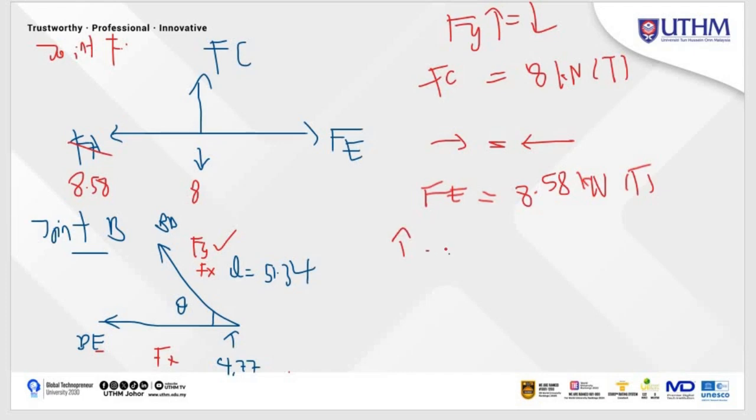So Fy upwards equals Fy downwards. So we will have upwards 4.77 and also the BD direction, which is upwards BD, and it will be sine 51.34.